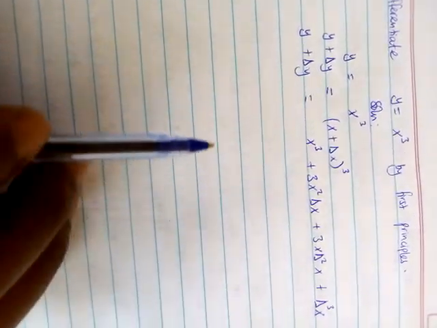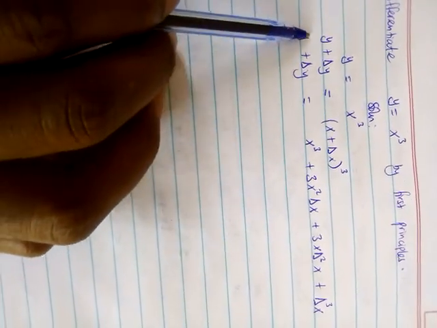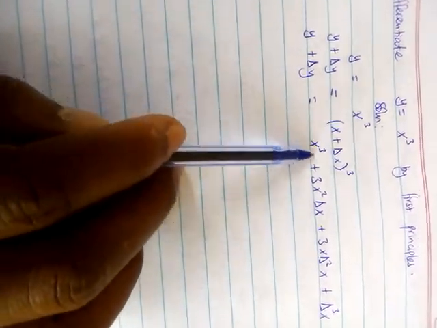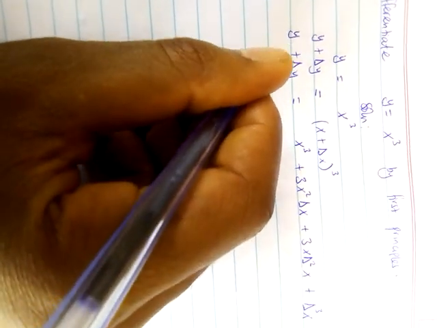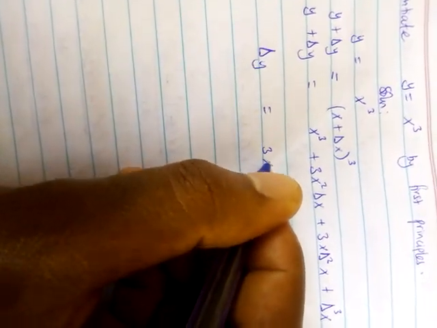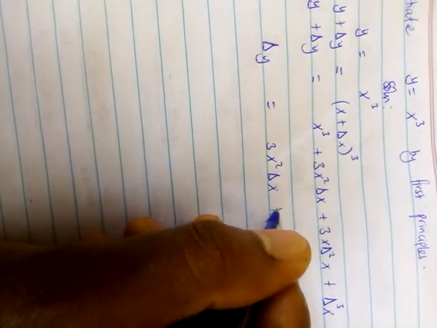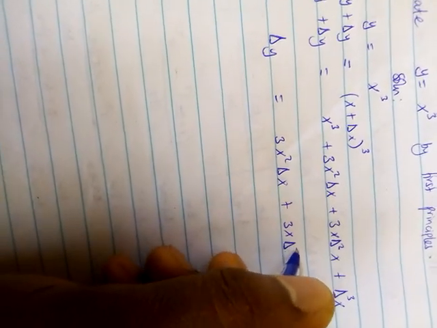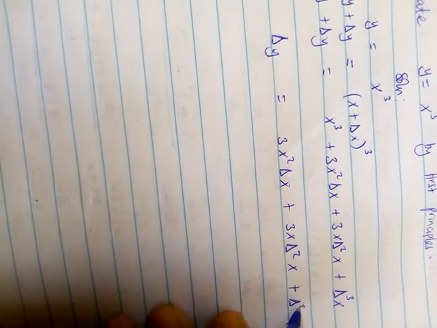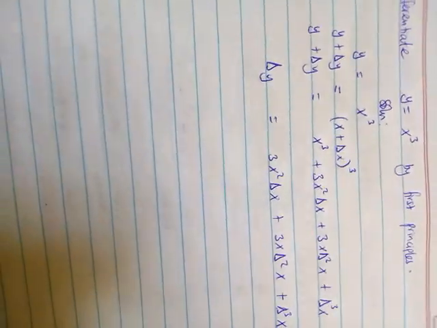In our subsequent videos, we are going to see how we obtain these coefficients using Pascal's triangle. So if I take y to the other side, I know that the value of y is x cubed, so the x cubed goes away, and I remain with a change in y equal to 3x squared change in x plus 3x change in x squared plus change in x cubed.